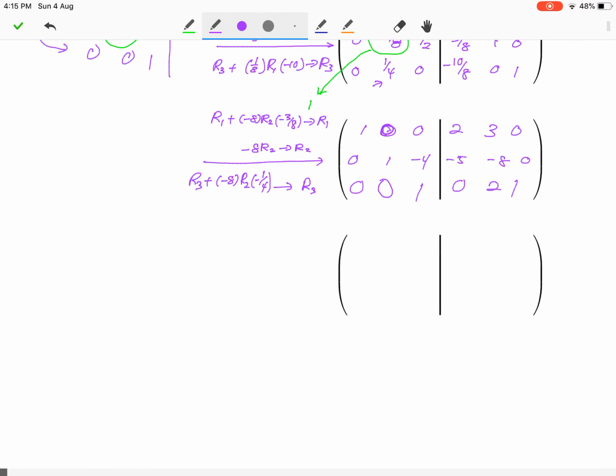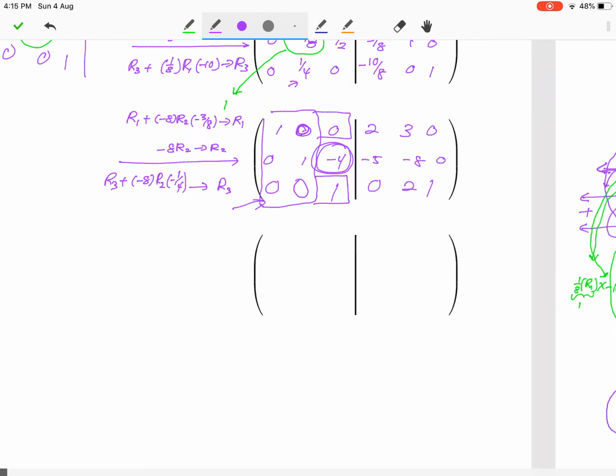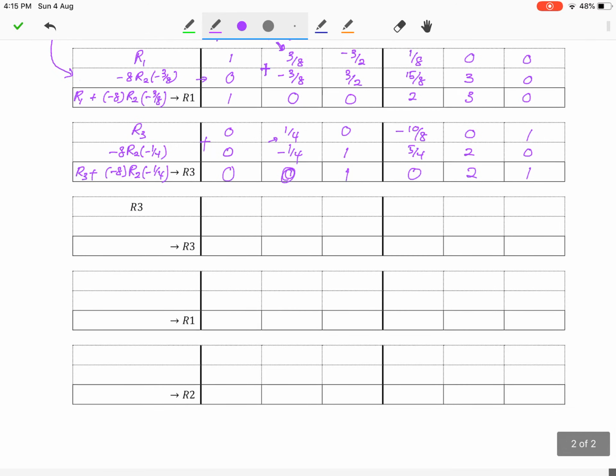Okay, so now you can see that these two are already meeting the identity features, and this one also. It's just that I need to get rid of this negative 4. So since R3 is already in the form here, R3 is 0, 0, 1, 0, 2, 1.